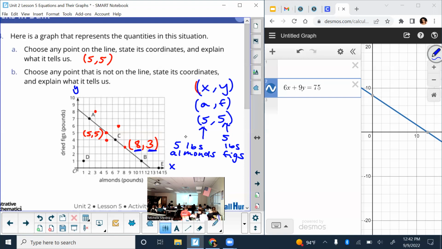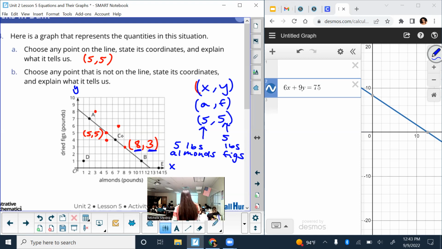All right, so that's how you read it. The other coordinate that we said is on the line, 8, 3. What does that mean? The longer this takes, the less time you have to practice. What would the coordinate 8, 3 tell us about the situation?